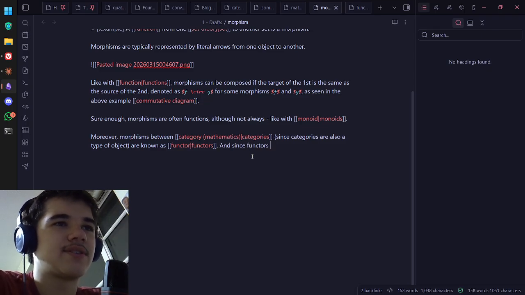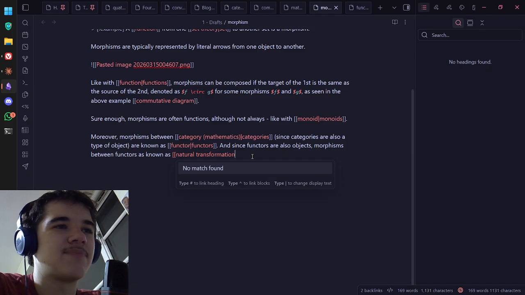And since functors are also objects, morphisms between functors are known as natural transformations.